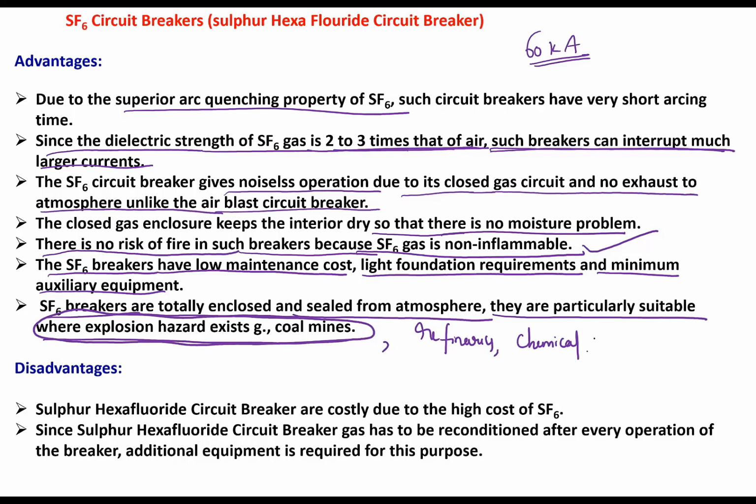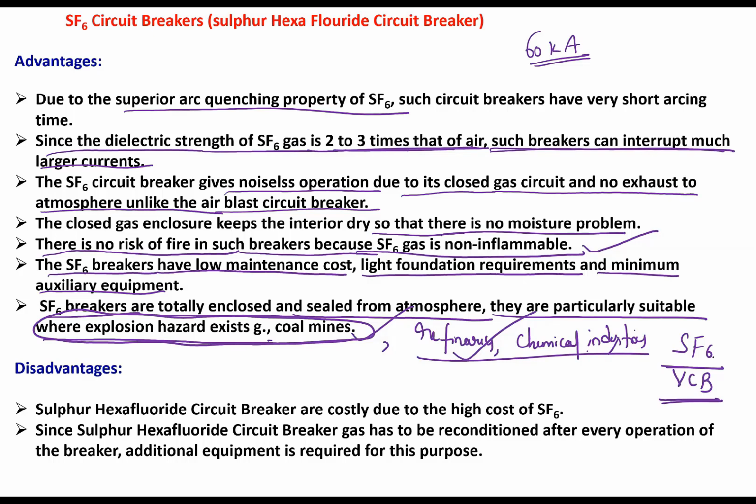Since it is completely enclosed and sealed from the atmosphere, these are most suitable for regions where the explosion hazard exists, like coal mines, refineries, chemical industries, etc. Okay, so better for such environments, you either go for SF6 or VCP, because there is no fire hazard in both of these circuit breakers.